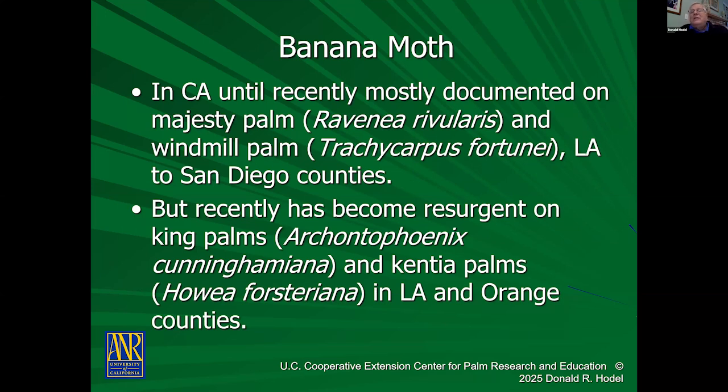In California, it was recently mostly documented in majesty palms and windmill palms, but more recently has become resurgent on king palms and Kentia palms, especially in LA and Orange counties. You can walk through whole neighborhoods in southeast LA County, in La Mirada a couple of years ago, and every king palm was going downhill because of banana moth.